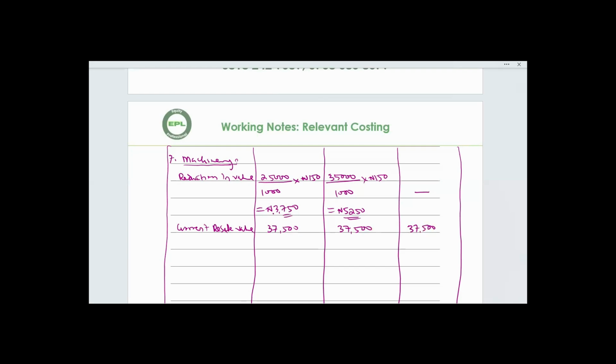So if the company wants to sell this machine as of today, the company will earn 37,500.